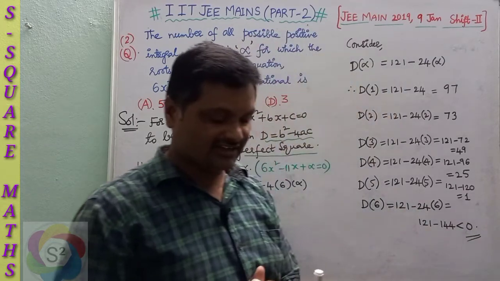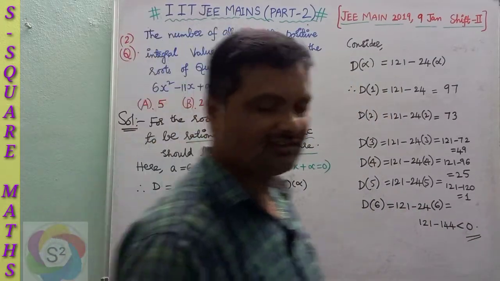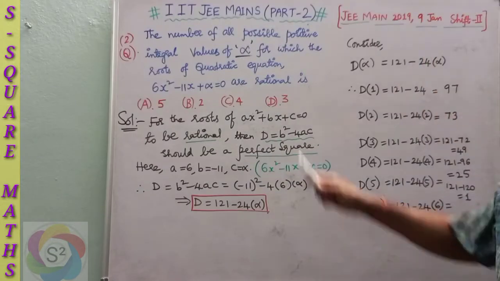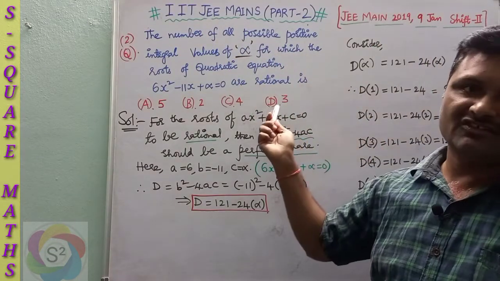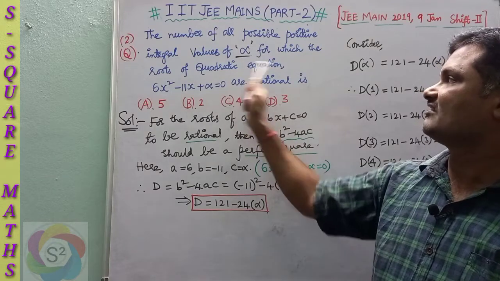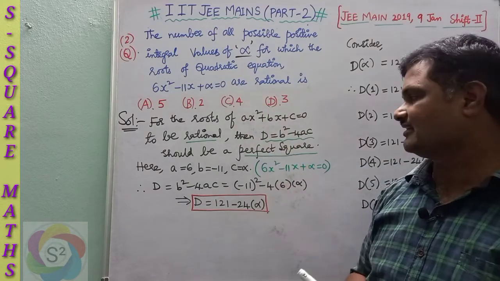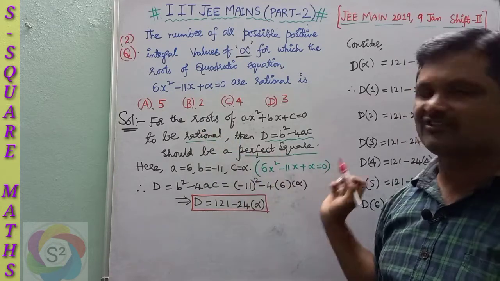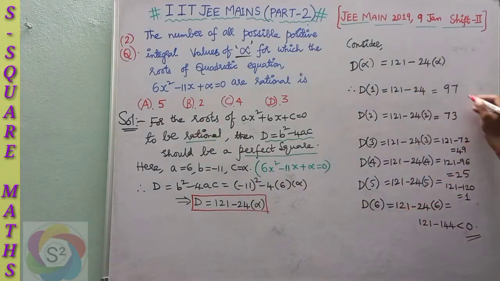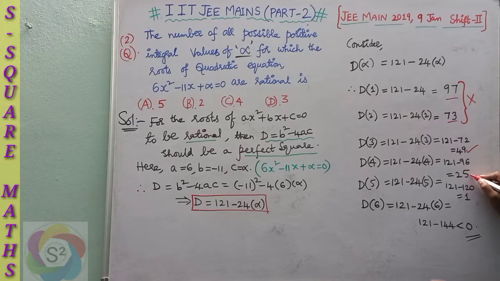So what is our question here? Our problem is the number of all possible positive integral values of alpha for which the roots are rational numbers. For rational roots, the expression should be a perfect square. So these two, 97 and 73, are not perfect squares. Okay, so 49, 25 and 1 are perfect squares.